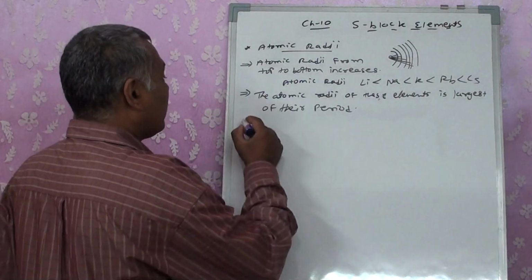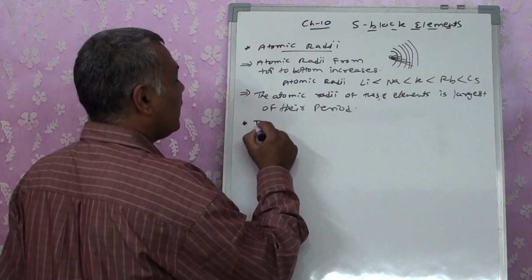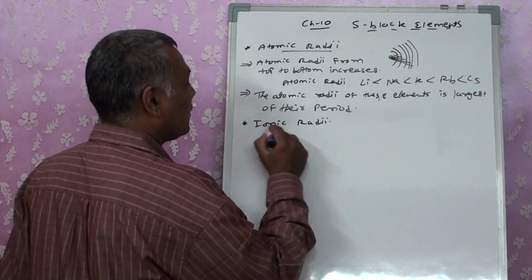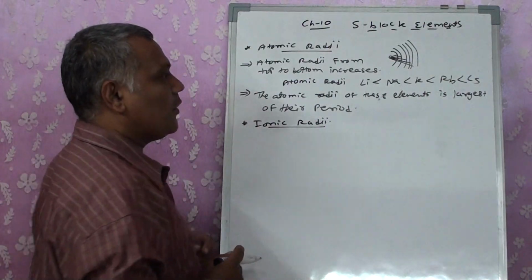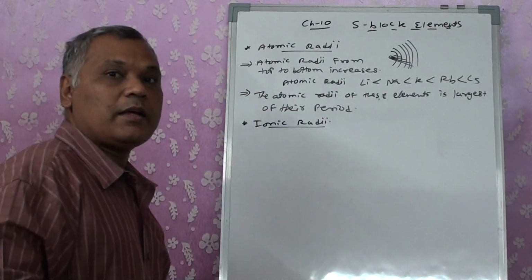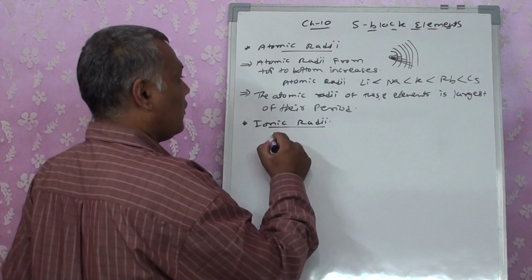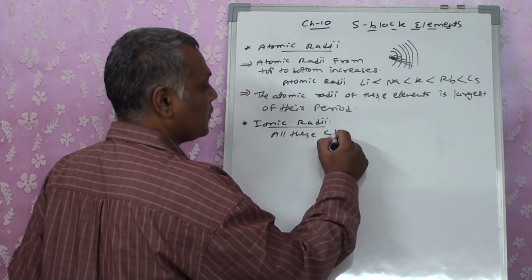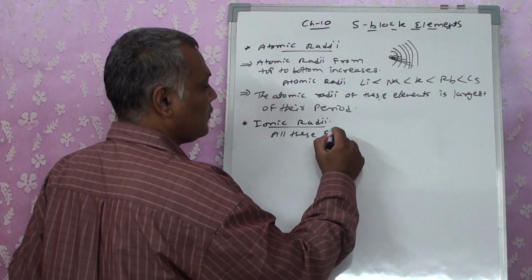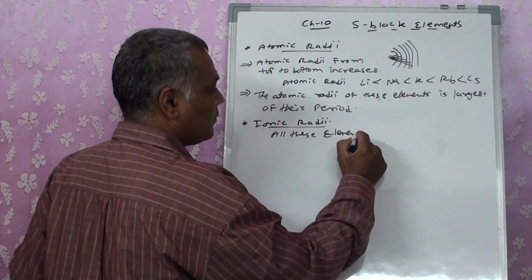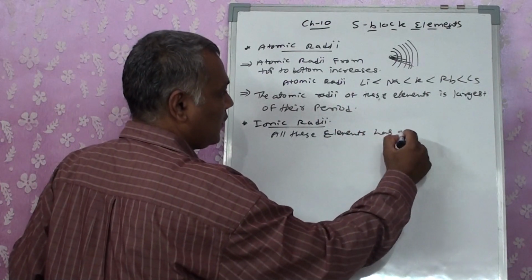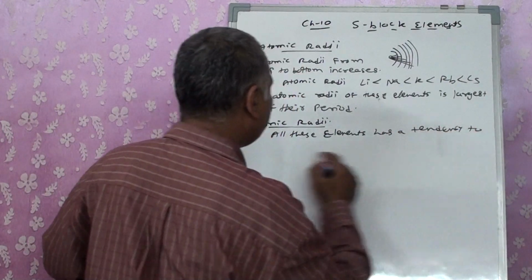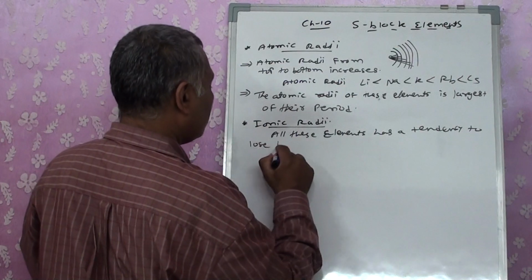Then the next trend we are having is ionic radii. Now all these elements, Li, Na, K, Rb, Cs, Fr, have a tendency to lose one electron.